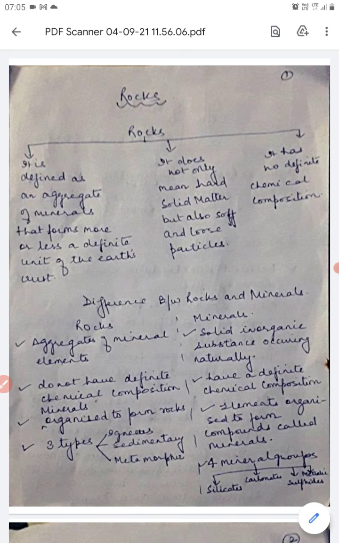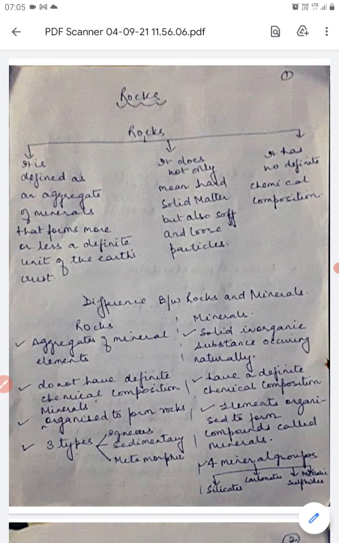Now we'll learn what the differences between rocks and minerals are. Rocks, as I said, are an aggregate of minerals, whereas minerals are solid inorganic compounds that occur naturally within the earth crust. Rocks do not have a definite chemical composition, whereas minerals have a definite chemical composition.